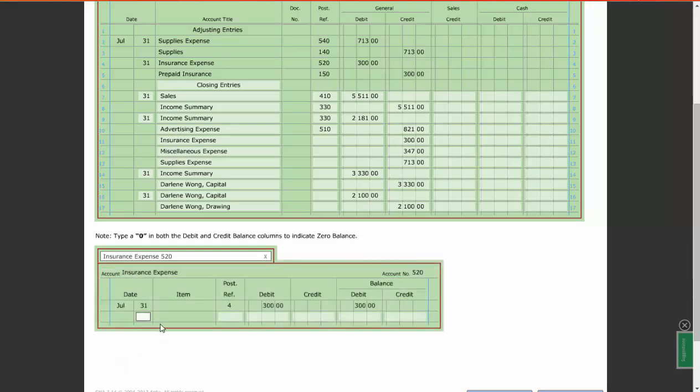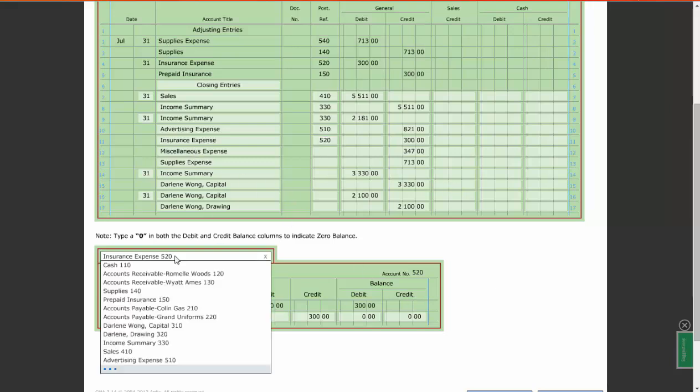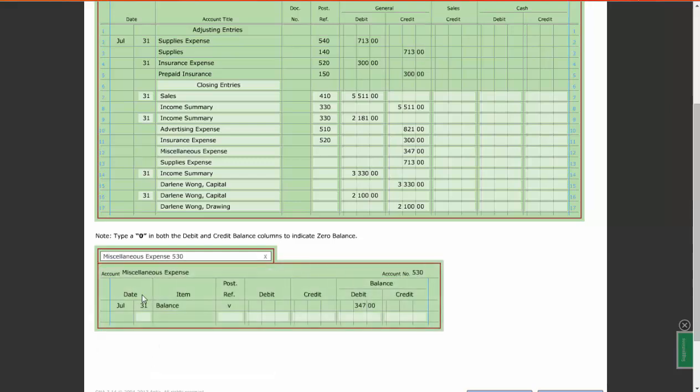Do the same thing for insurance expense. The date is the 31st. Post reference 4. Credit it for 300. $520. Back up on there to show that I posted. Do the same thing for miscellaneous expense.